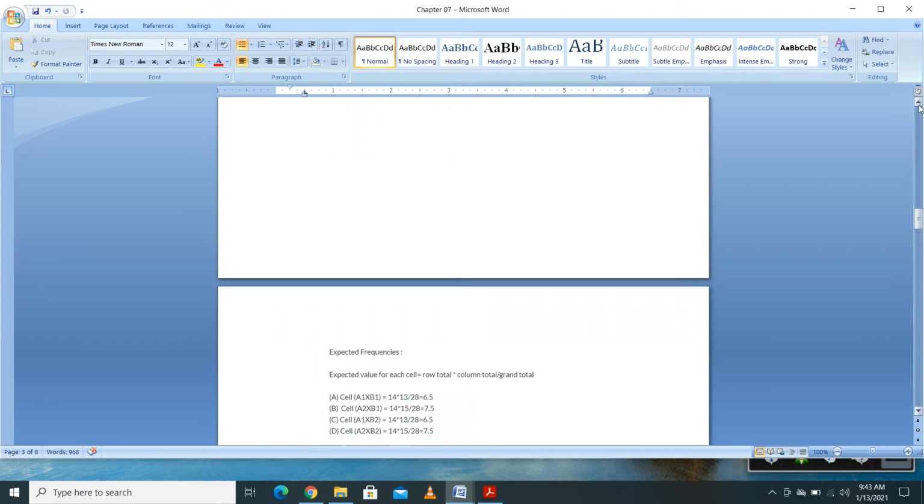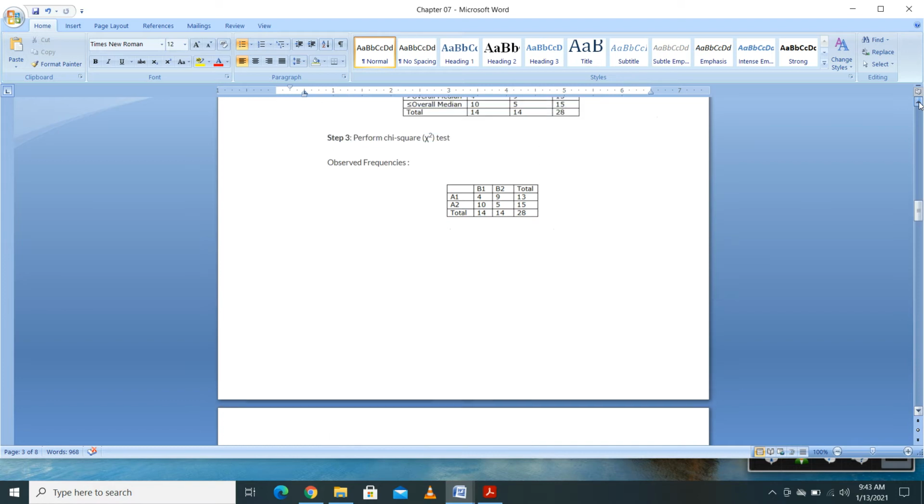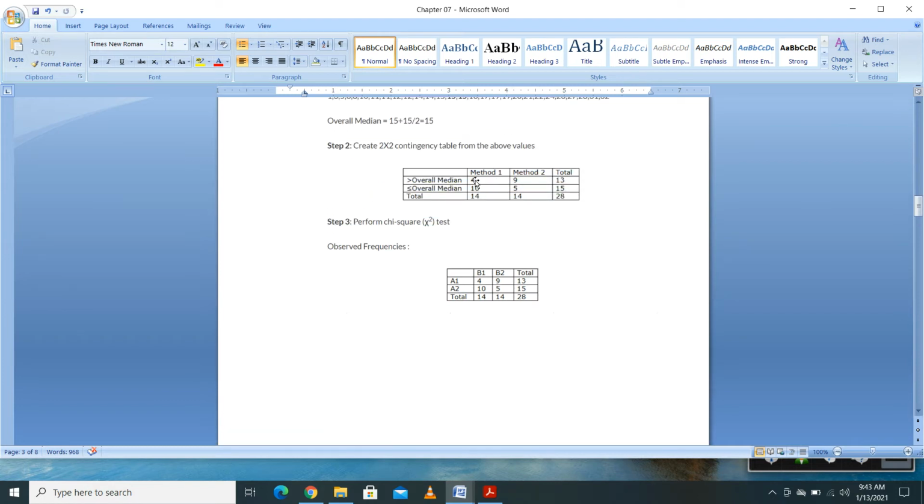How do we calculate the expected frequencies? If you take this first cell as A, for the expected frequency, if you look at the row total, that is 13. If you look at the column total, that is 14. You multiply the column total by the row total, 13 into 14, and divide by the grand total, that is 28.